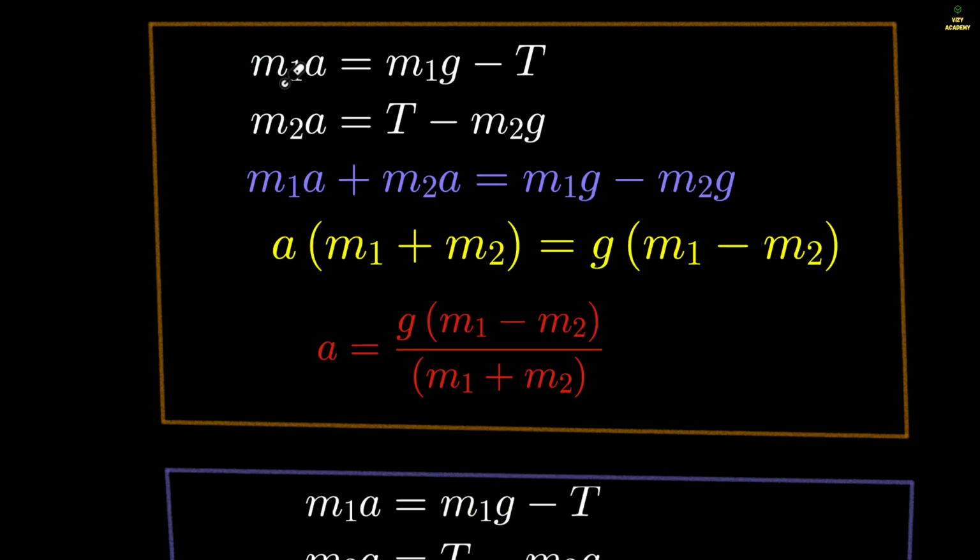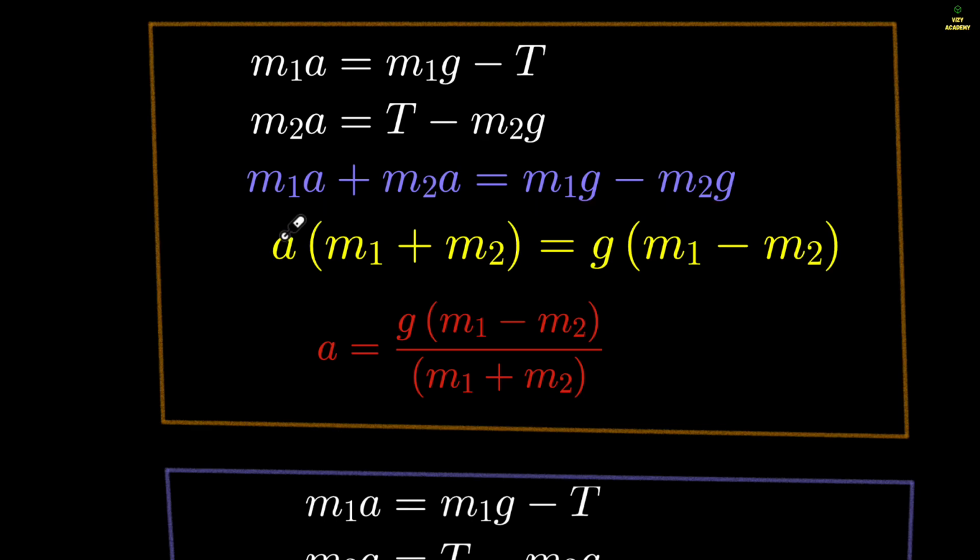Now rewriting equation number 1, that is M1a equal to M1g minus T, and equation number 2, M2a equal to T minus M2g. Here we are applying the elimination method and we are adding equation 1 to 2. So T here is positive, T here is negative, that will cancel out. So we are left with M1a plus M2a equal to M1g minus M2g.